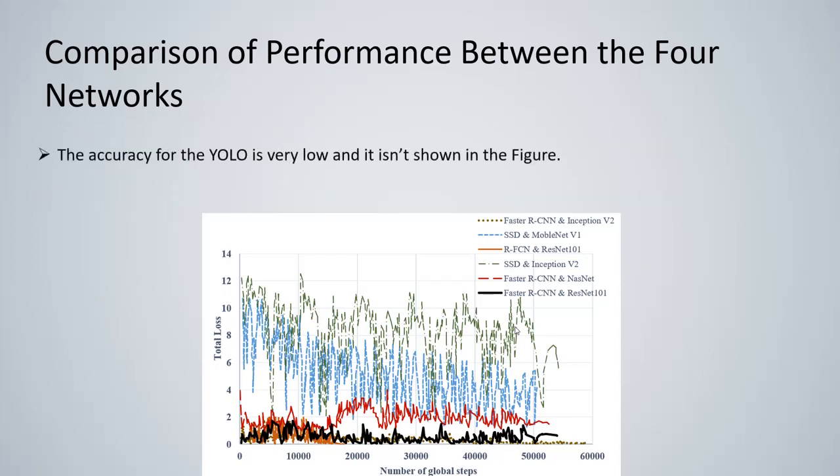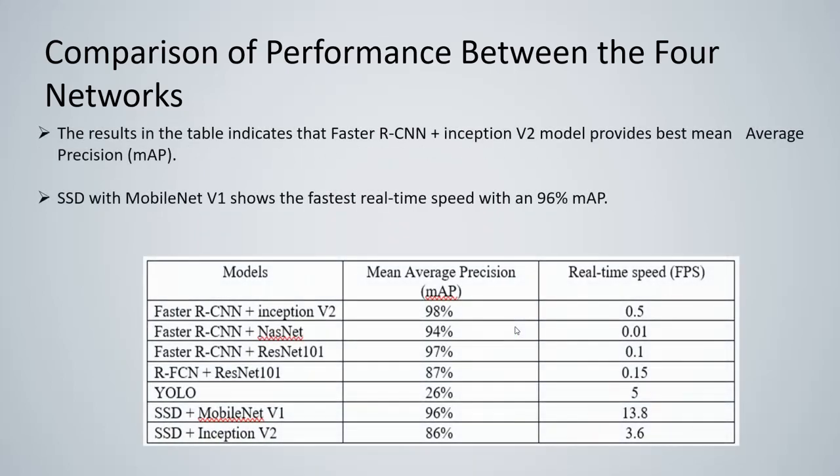The accuracy for the YOLO is very low and it is not shown in the figure. The result in the table indicates that faster R-CNN Inception v2 has the 98% mean average precision, and SSD MobileNet version 1 has the greatest real-time speed, 31.8 frames per second.